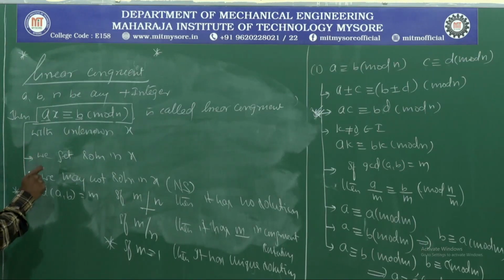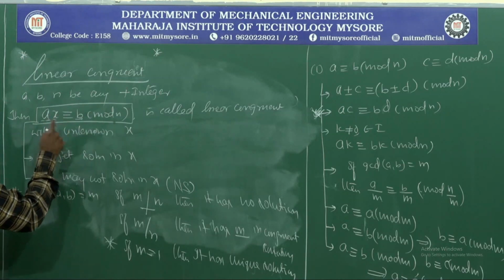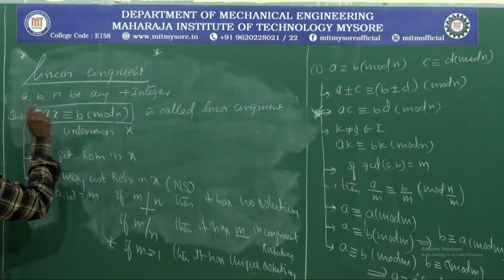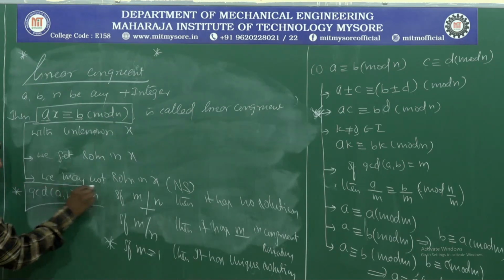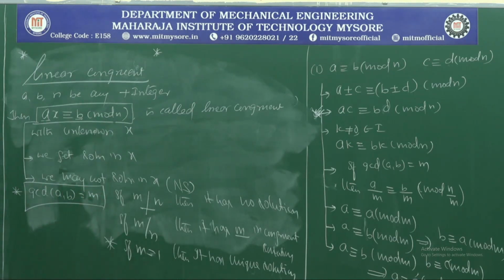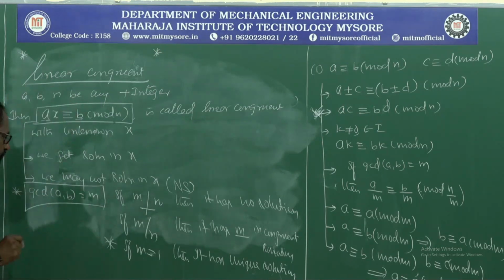But again, you may get an x satisfying this expression, or you may not. That is, it may have a solution, or it may not. When you say it doesn't have a solution, it all depends on the GCD. That's why in the last class I told you, GCD is rule making and superior when you go with number theory and related applications.